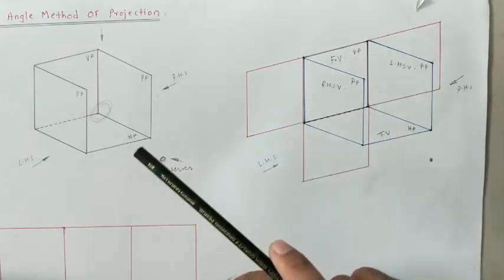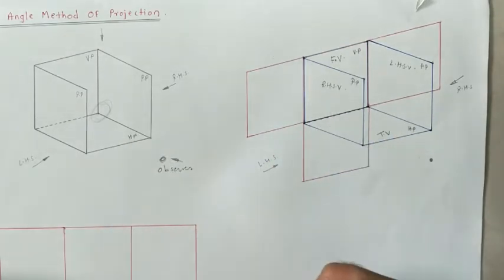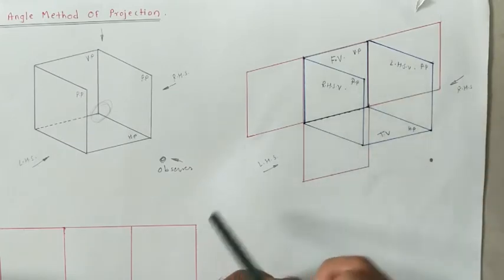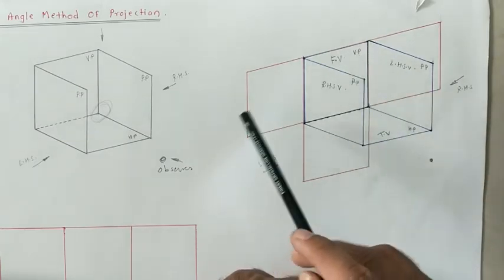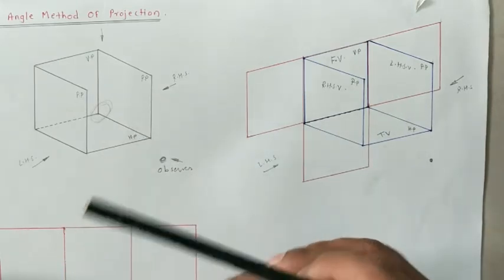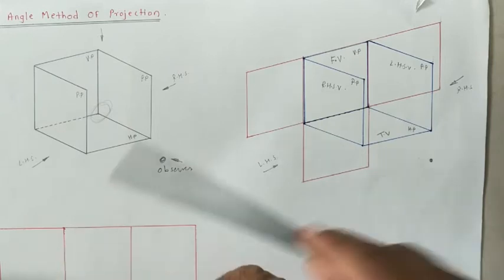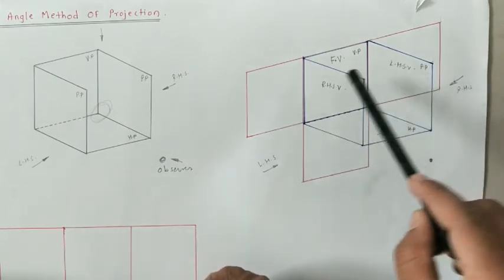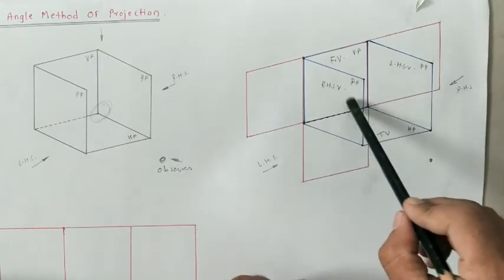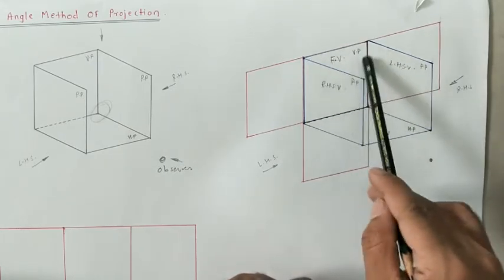Now as I told you, we have to bring all these 4 different planes onto one single plane. For that we have to rotate the 3 planes, which are the HP and the 2 profile planes. We never touch the vertical plane. It's very logical in which direction we should rotate these planes in order to bring them aligned with the vertical plane.